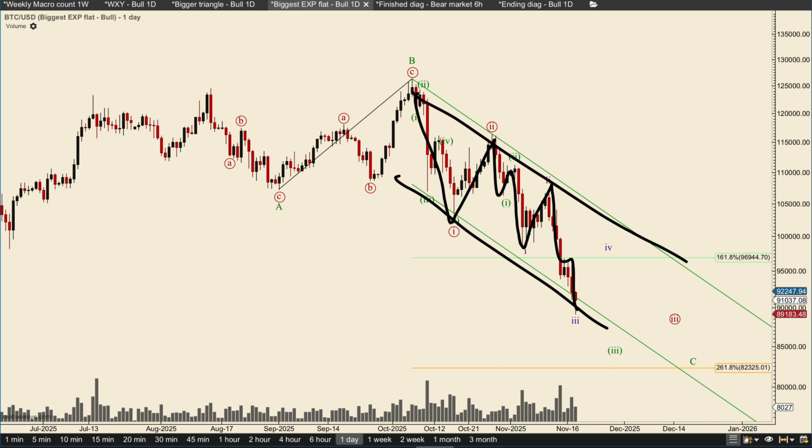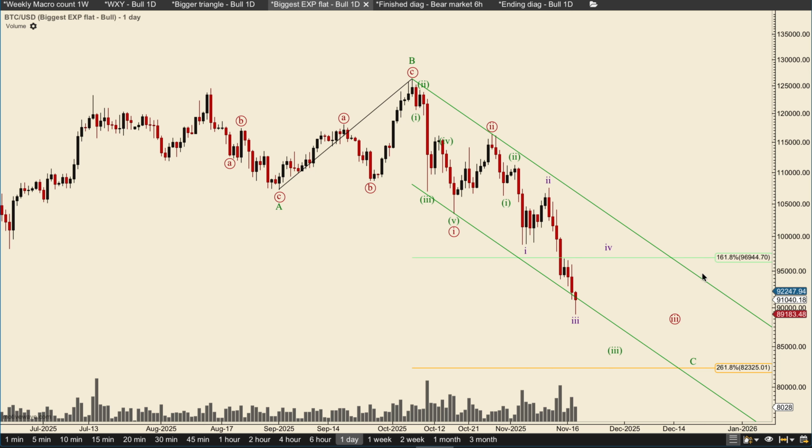And that is not something you like to see if you are a bear looking for an impulse. Because in an impulse, you want this to move deeply below this channel in a wave 3 with an increased amount of volume. And we haven't done that yet.